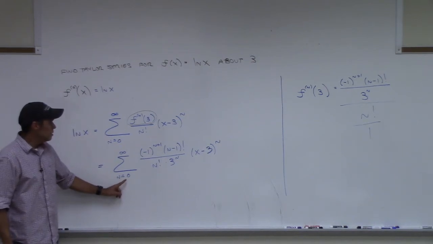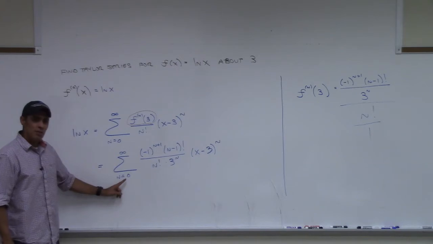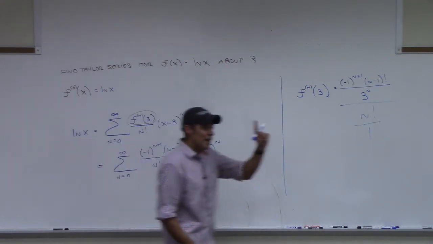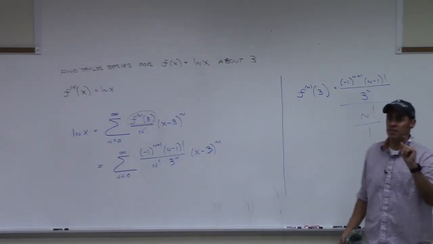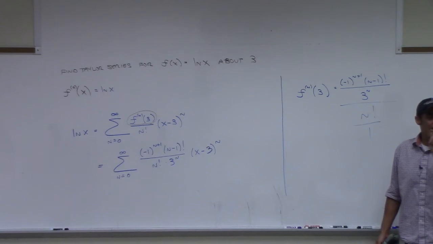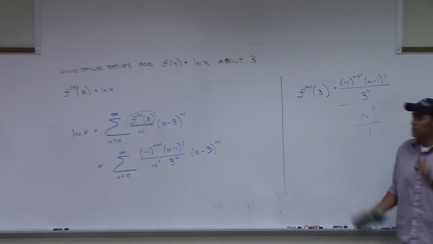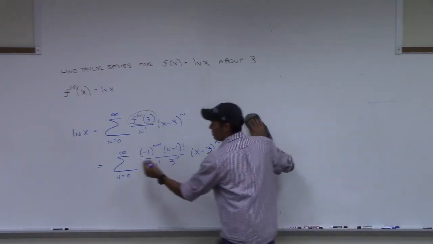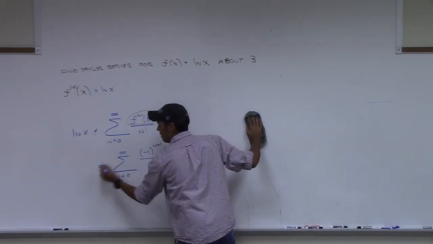So how do we deal with that first piece? Yeah, we're just going to peel it off. Watch. Remember, we need the first term to be the function's value at 3, don't we? So this is not it because of the 0.